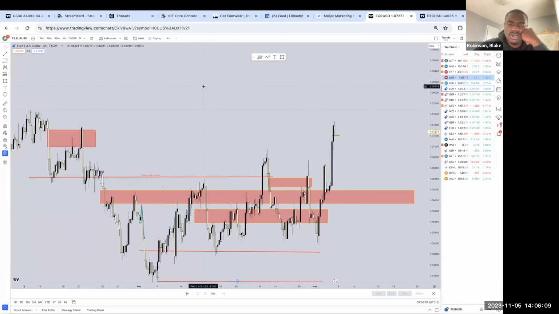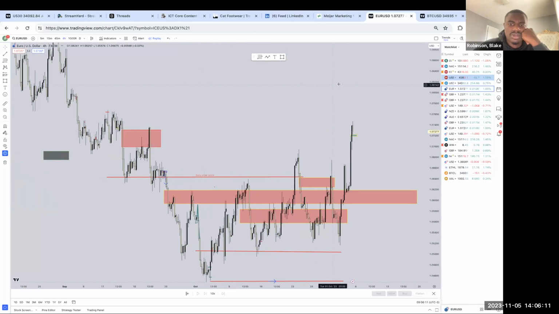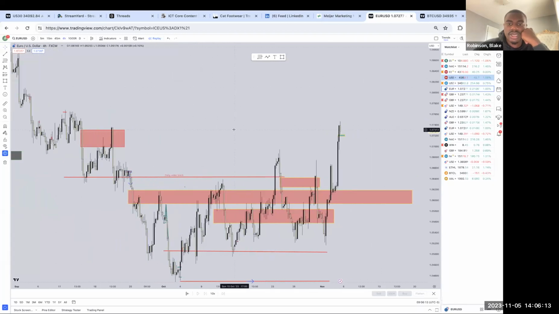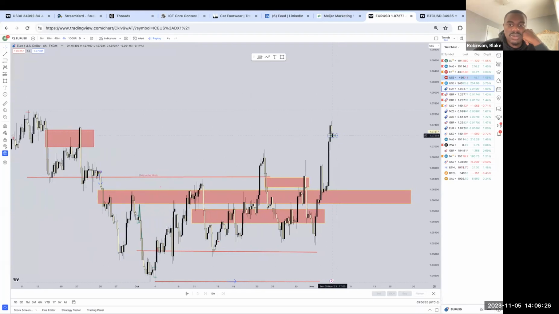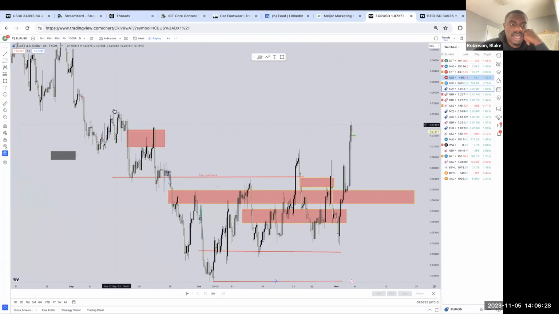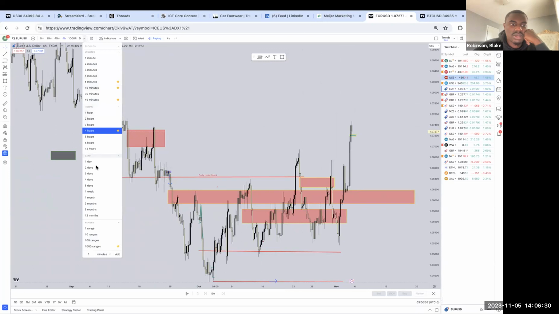So right now we're just looking at what we can do in the meantime, intraday. There's a huge imbalance here that begins at 1.0718 right there. And then we also have a situation down here. I wouldn't be surprised if we get a play back to this range and attack the high of last week.